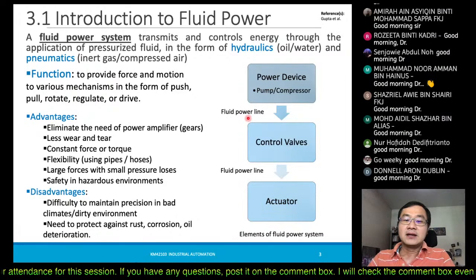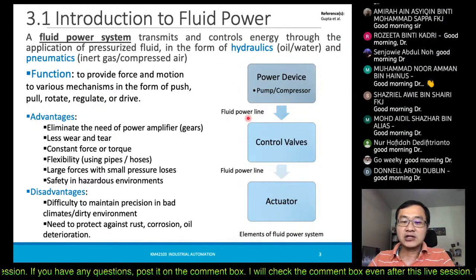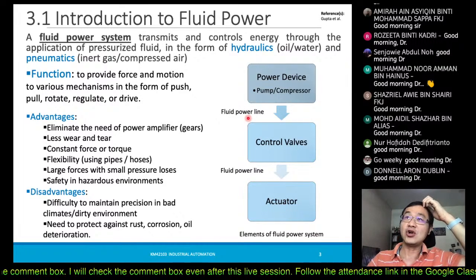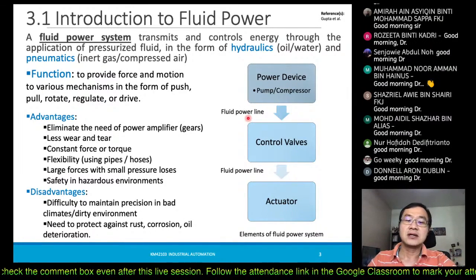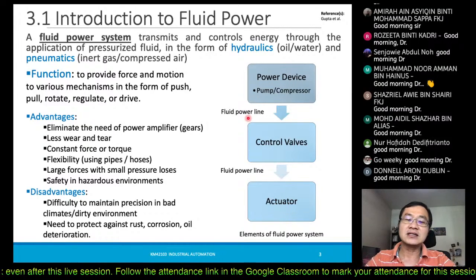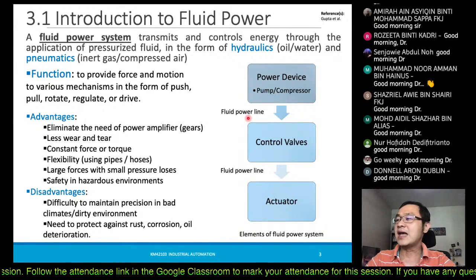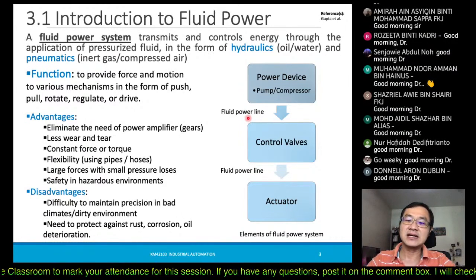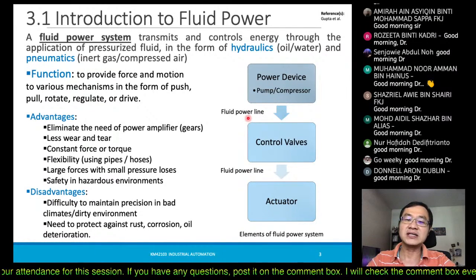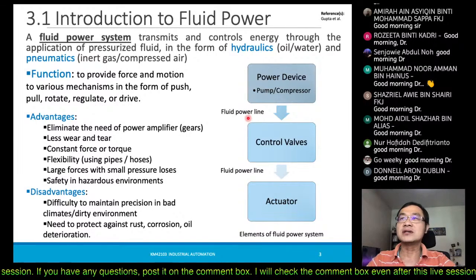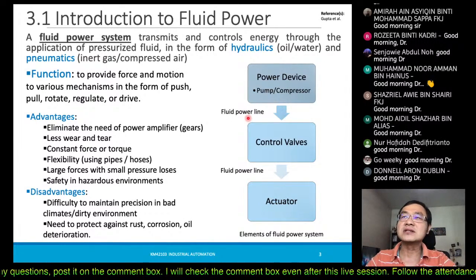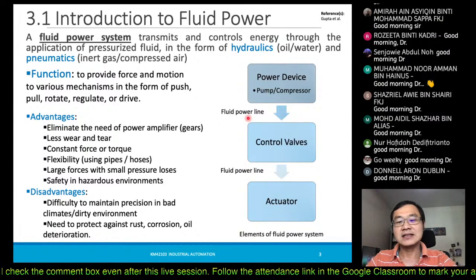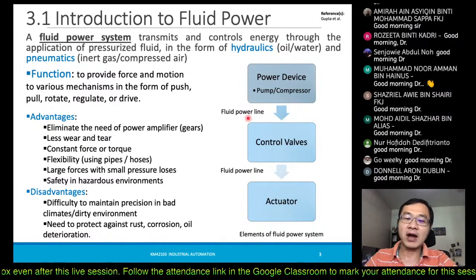At the same time, they also produce large forces with very minimal pressure loss throughout the transmission, and it is always safe in dangerous environments, especially the pneumatic one. You just release the air, or you can also release the inert gas, so it will be less risky in a dangerous or hazardous environment.